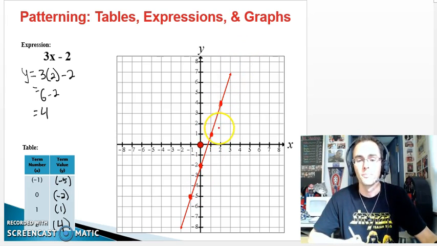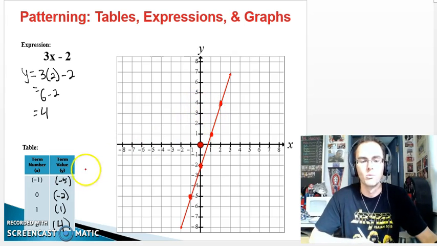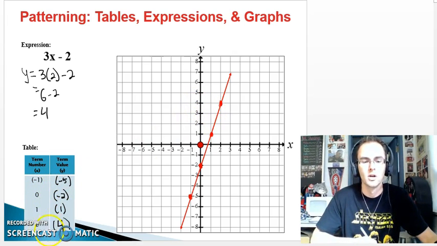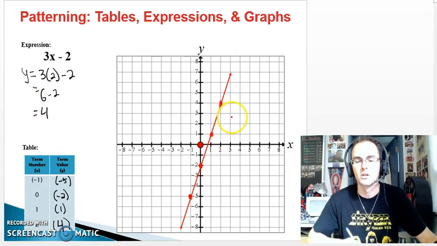So for example, if I wanted to know based on my t-table here, what would be my third term, I could just simply extend the t-table down, or I can use the expression, but I could also use the graph to make that prediction as to what my third term number value would be.